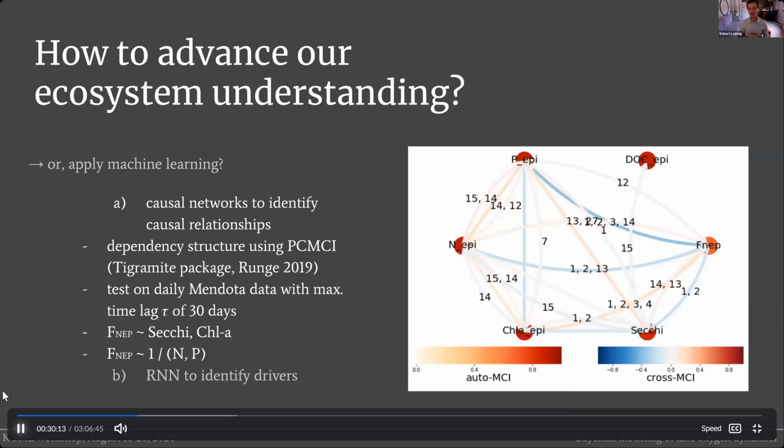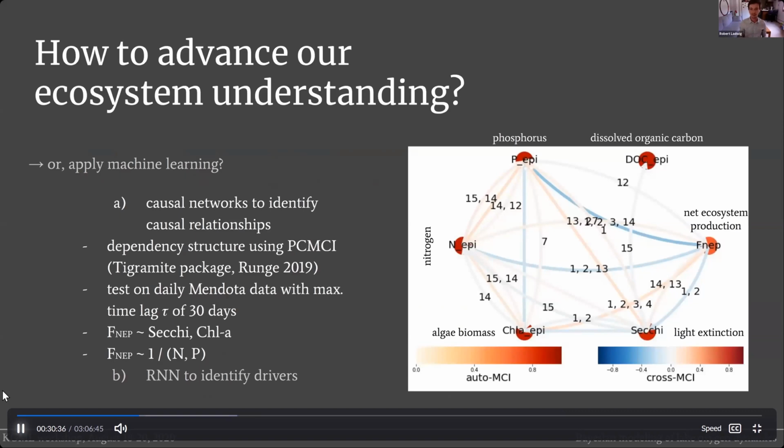And the number shows the lag. And here you can see, for the surface layer, phosphorus, nitrogen, algae biomass, light extinction, the flux of net ecosystem production, and also organic carbon. And we just did this for Lake Mendota as the first attempt. And we could learn a lot about the temporal relationships.